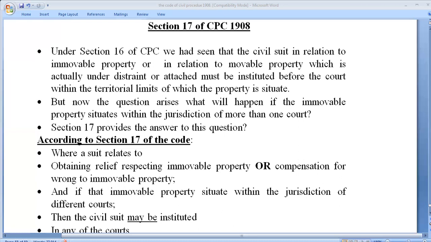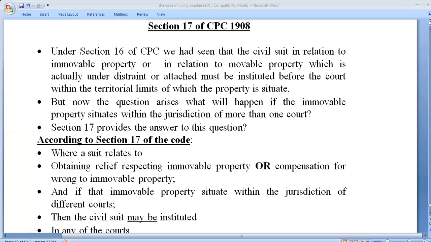But now a very important question arises. And what is that question? What will happen if one immovable property for which the dispute is related situates within the jurisdiction of more than one court?